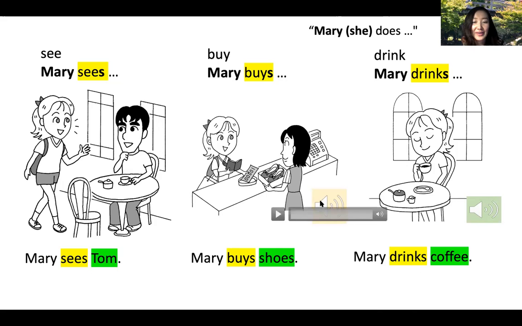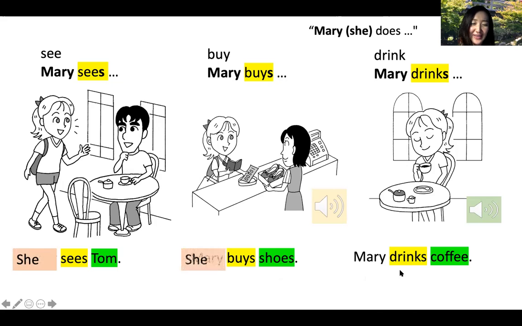Okay, now let's do it a little faster. 1, 2, let's go. Mary sees Tom. Mary buys shoes. She buys shoes.